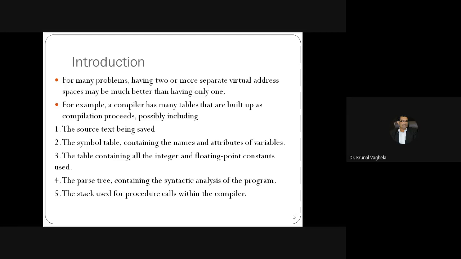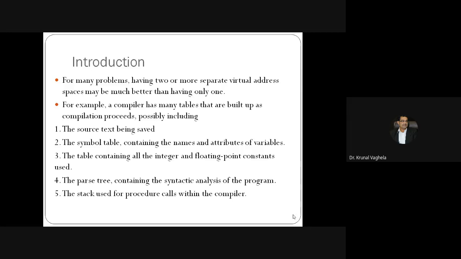So when you compile a program, your program will be divided majorly into 5 different parts. Now these 5 parts are the source text being saved. First, your source program, the program which you have written, the source text, right? Source code in simple language.